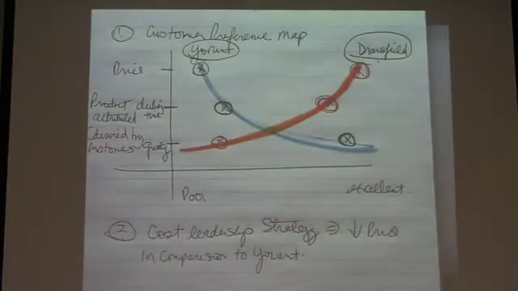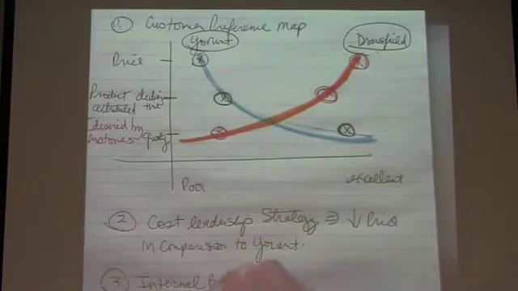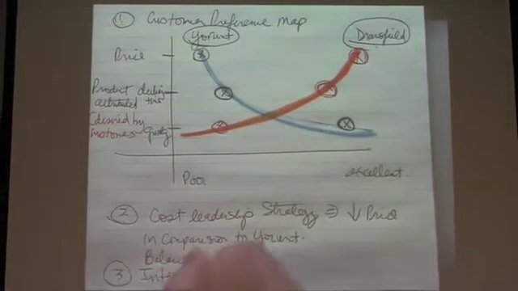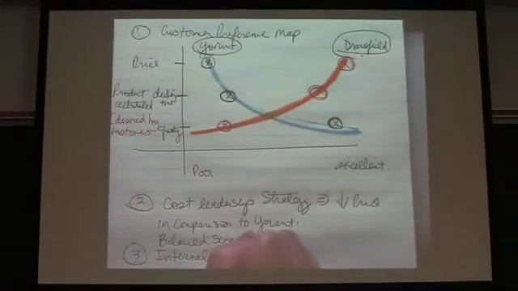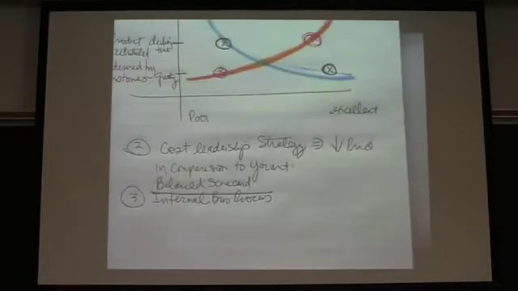So if we're trying to figure out a way to increase quality without increasing price, then perhaps the first thing we need to look at is the internal business process. This is in the balanced scorecard, right? So what would we want to include in that balanced scorecard?